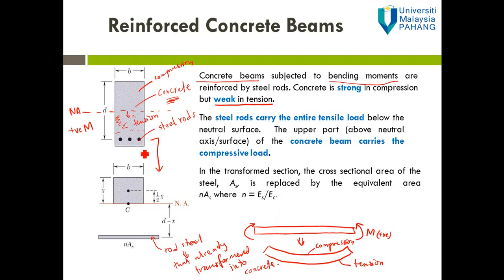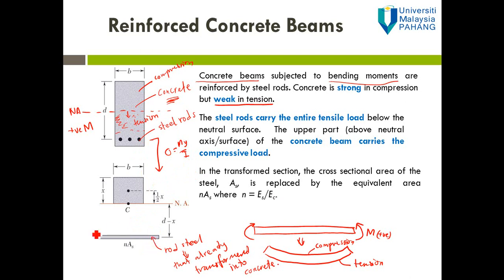If we do not transform the steel rod into concrete, we cannot directly apply the flexural formula, sigma equals My over I. This is why we transform the steel rod into the equivalent concrete.